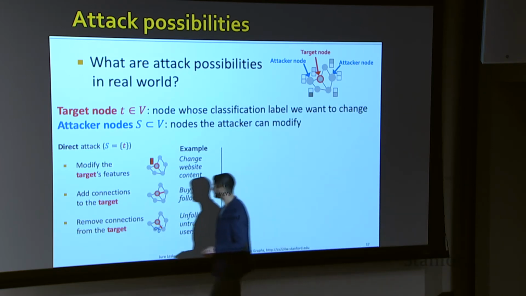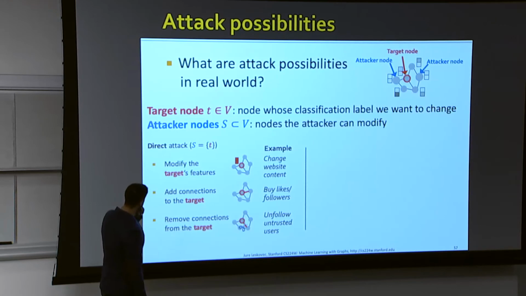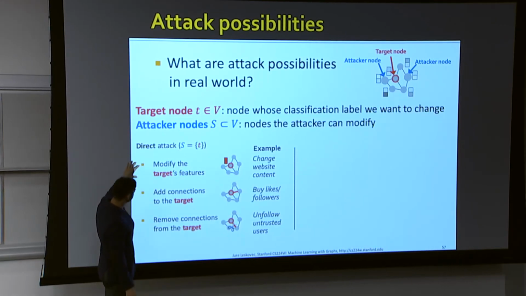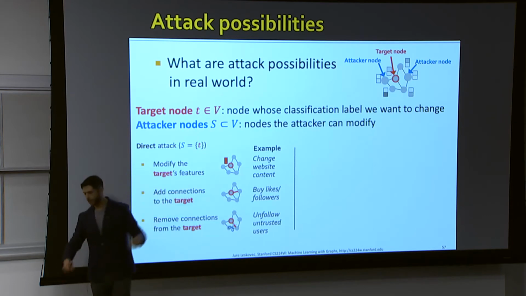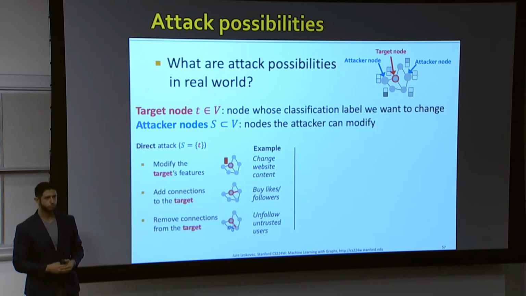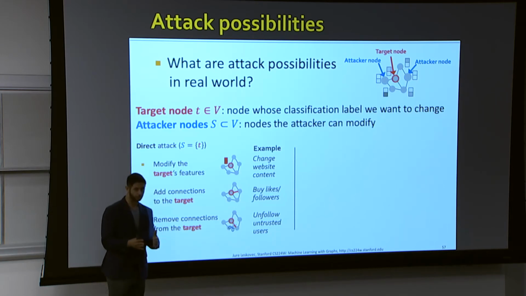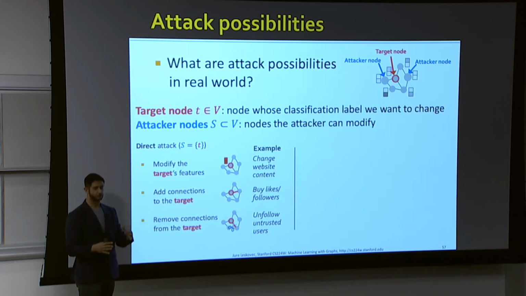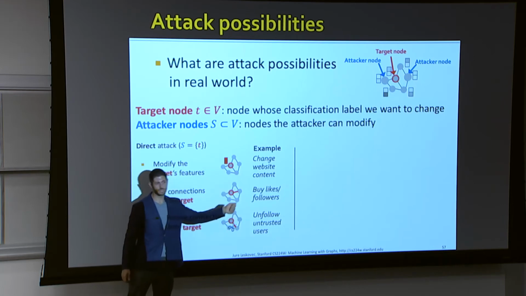Some of the direct attacks that we can do, for instance, we can modify the target's features. Say our fake news account is about to be banned, then we can try to change the content that we post, to avoid the Twitter spam filters. We can also add connections to the target. This is very common in social media where you can buy likes or followers.